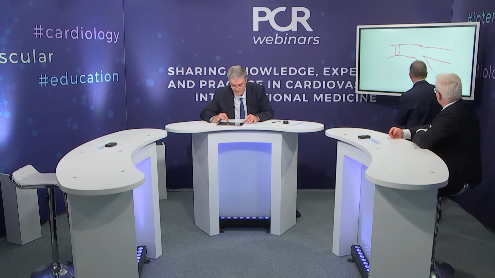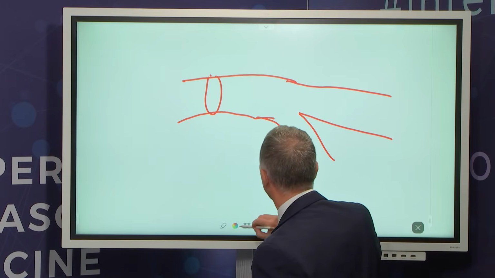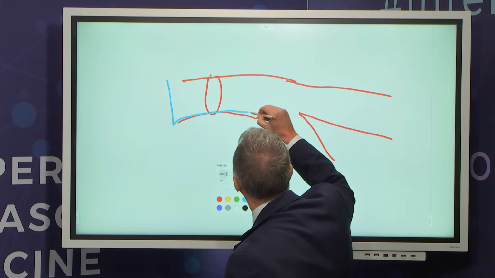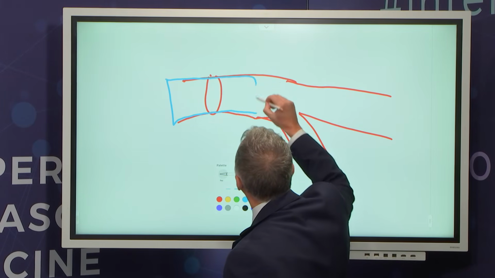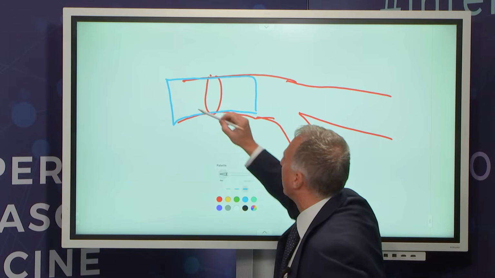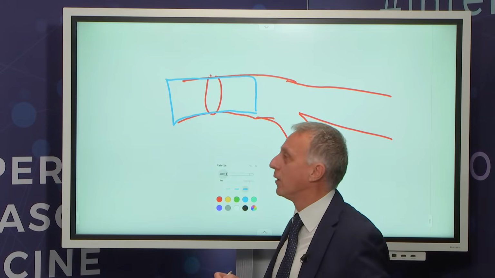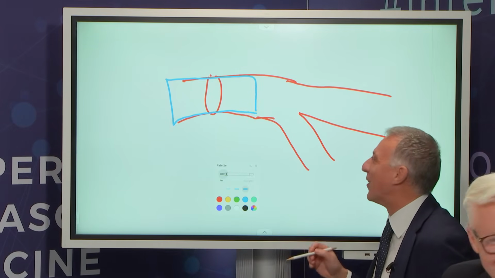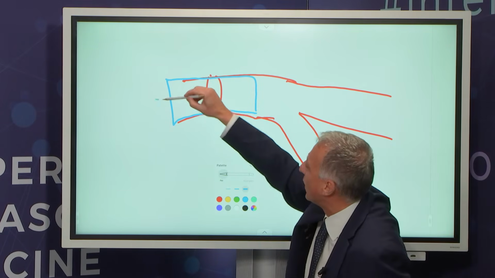Yeah. So this is our situation in which our stent was really protruding a lot here from the ostium, and so it was impossible. Let's imagine that it was impossible, probably because you don't have the hands of a Goran to get through here.